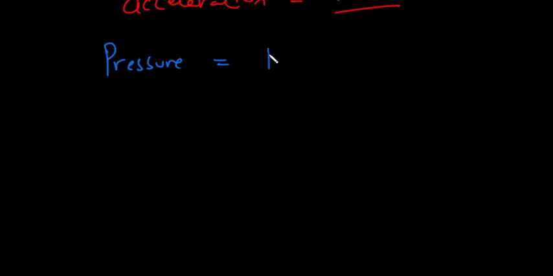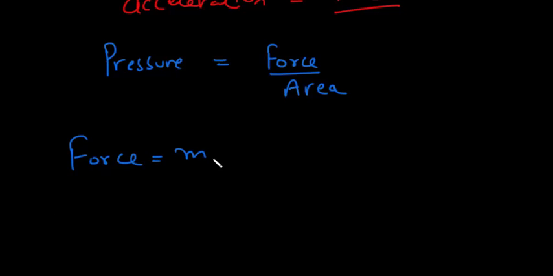Pressure is force upon area. If we want to find units for pressure, first we must derive units for force and area. So force is mass into acceleration. The unit of mass is kilogram and the unit of acceleration is meter per second squared.